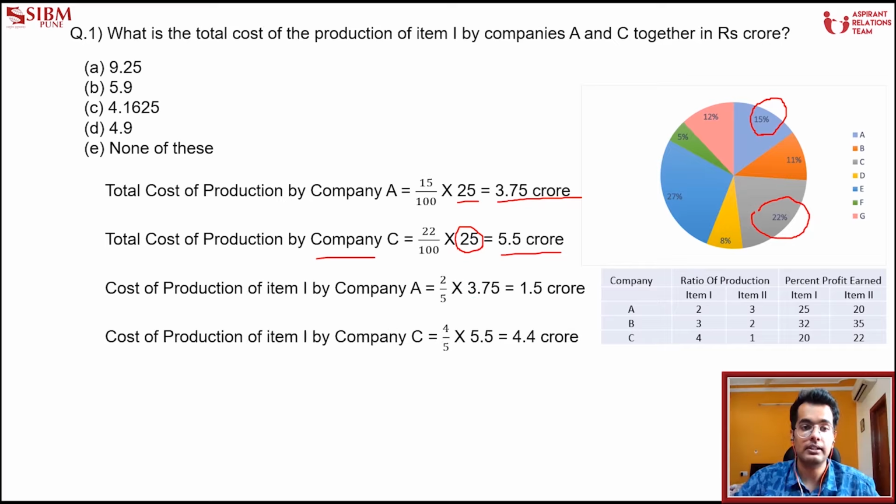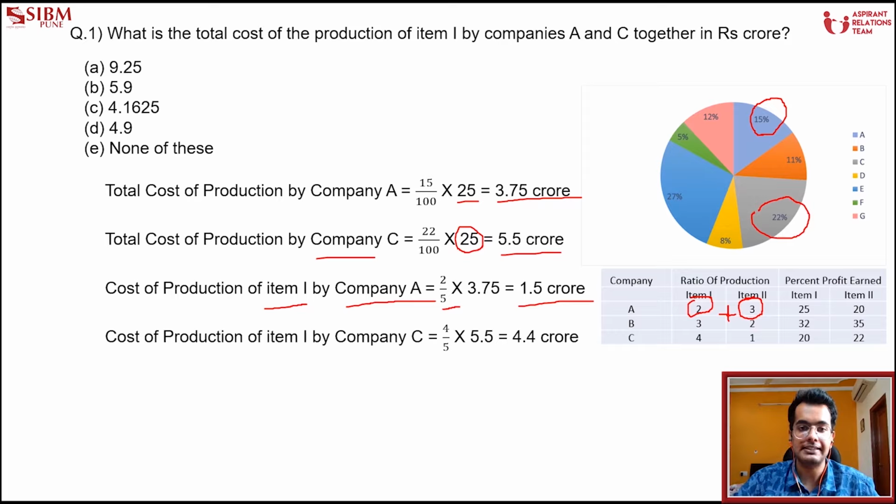Next we'll figure out what part of company A's production is item 1. The ratio of item 1 to 2 for company A is 2:3, so 2 plus 3 is 5, and 2/5 of 3.75 crores is the cost of production of item 1 by company A. So we get 1.5 crores.